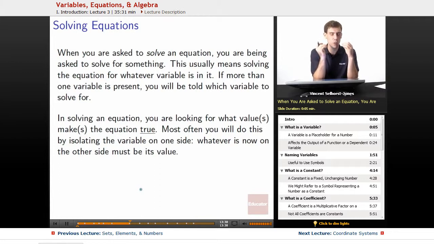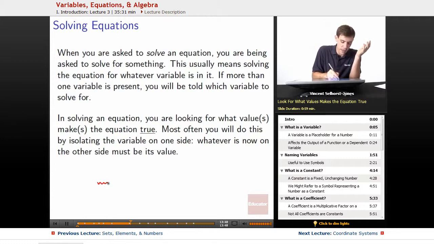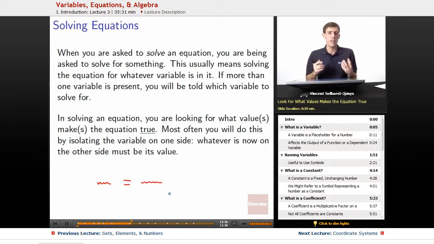What does solving an equation mean? It means you're looking for the things that make the equation true, right? You are told that this side equals this side, right? Stuff on left equals stuff on right. But they've both got variables in it, or one side has just one variable in it. But the point is that depending on what that variable is, or depending on what those variables are, that equation might no longer be true.